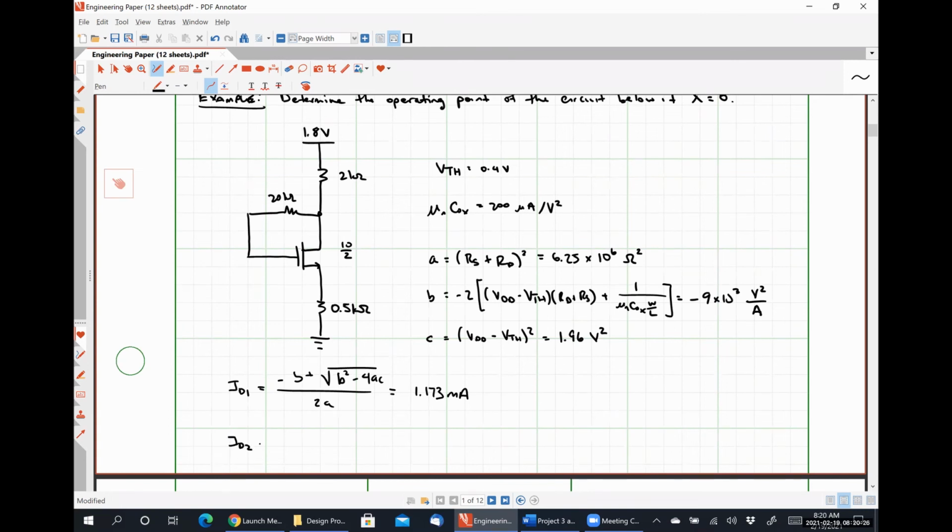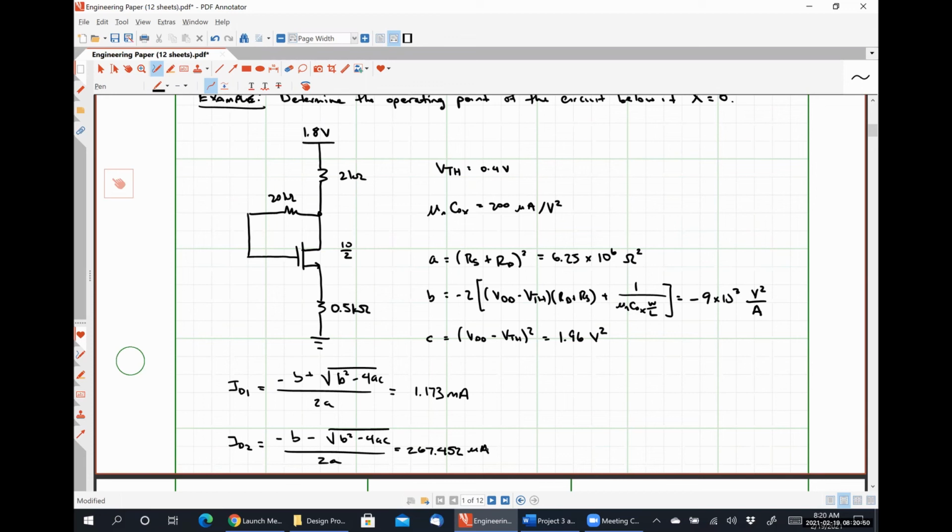And my current ID2 is negative B minus the square root of B squared minus 4AC divided by 2A, and I get 267.452 microamps.